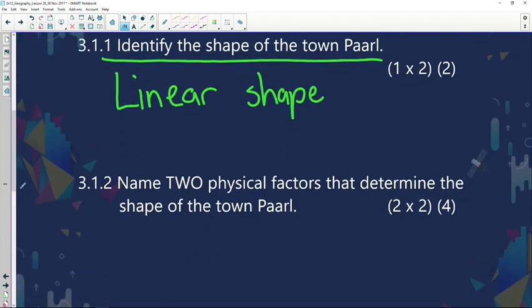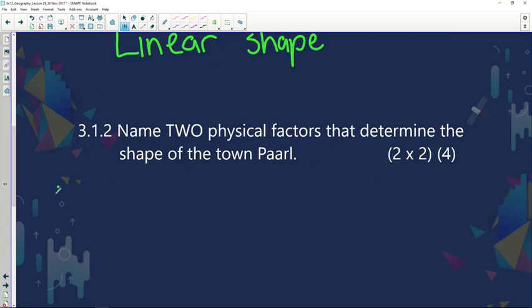So we just looked at it. On the one side, we have this massive Paarl Rock, the granite domes. It's a batholith that's been exposed because of weathering and erosion. And on the other side, we have the Berg River. And that's the reason why the infrastructure is linear in shape, to fit in between the two areas. They can't build on the steep gradient because it's too expensive. And obviously they can't build further down the valley because that's where the river is.